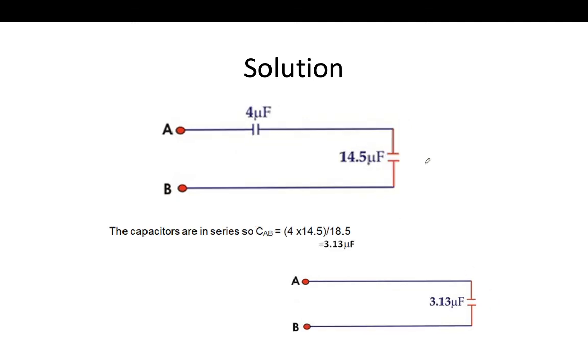Now the last two capacitors are both in series, 4 and 14.5. When capacitors are in series we do the reciprocal thing, that is 4 into 14.5 divided by 4 plus 14.5. So the final capacitor value we got is 3.13 microfarad.